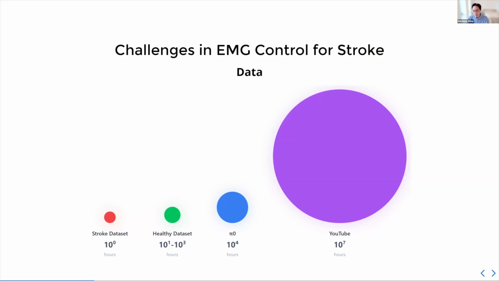For healthy subjects, it's slightly easier. For stroke, usually you have to go to the hospital. You have to have an OT, occupational therapist, in place to facilitate everything to make sure nobody gets hurt. So it's very hard to scale up data collection. In this small data regime, if we want to train a model, we really have to be very efficient with our data.